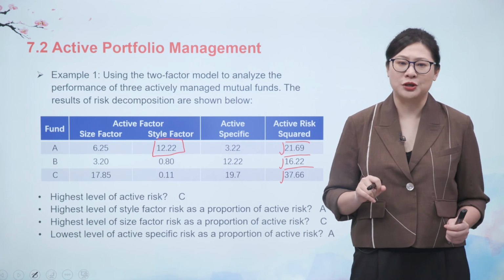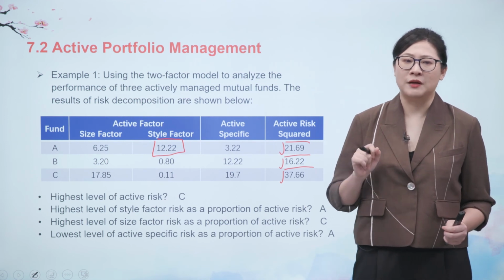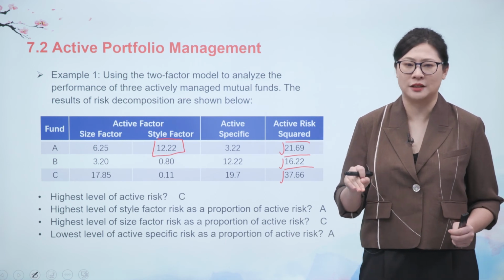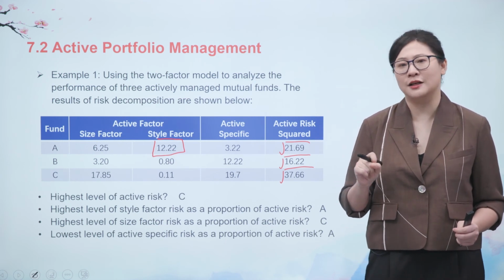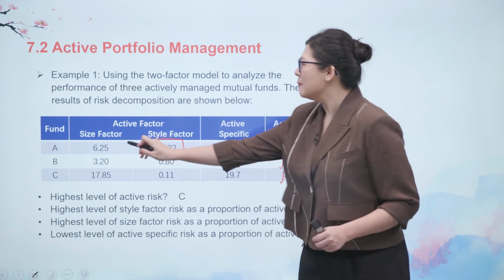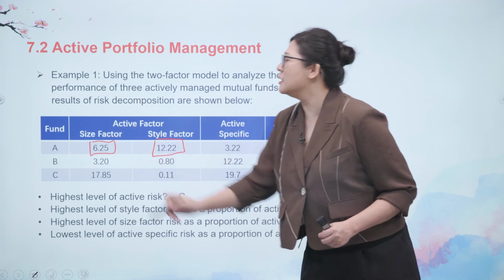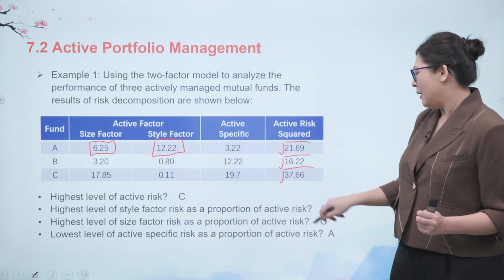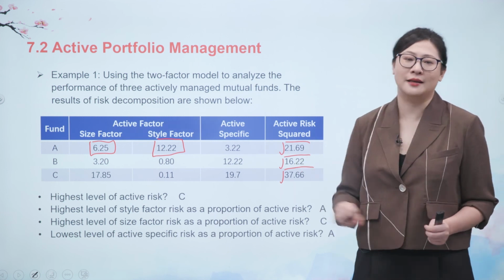The third question is which fund has the highest level of size factor risk as a proportion of active risk. The same method: you divide the size factor risk by the active risk. You will find fund C has the highest level.